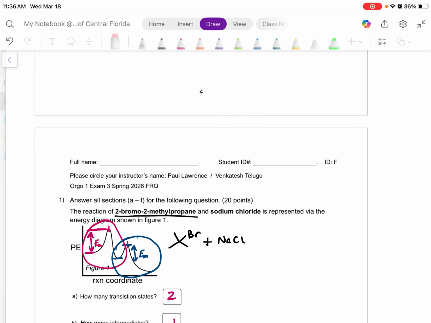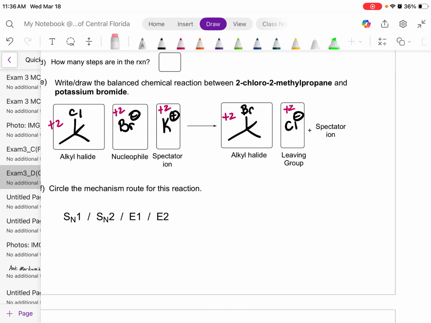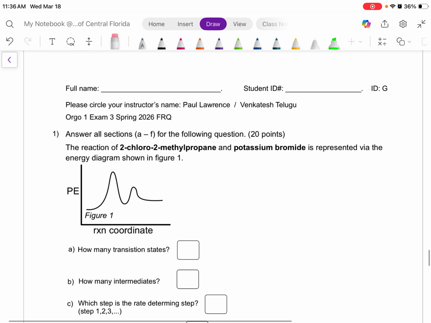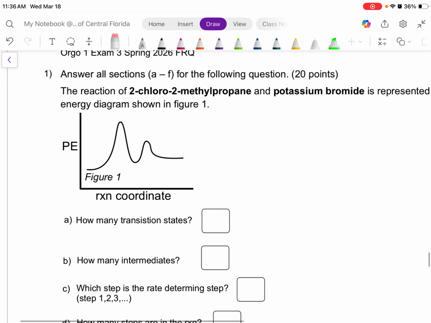Let's just go through exam G. It's all pretty much the same thing here, other than the reaction is different. It's 2-chloro, 2-methylpropane plus potassium bromide.